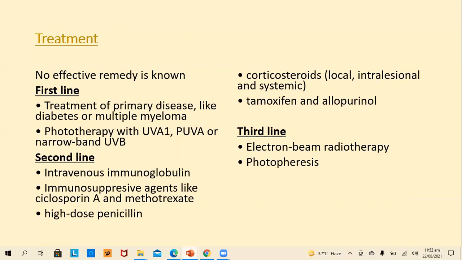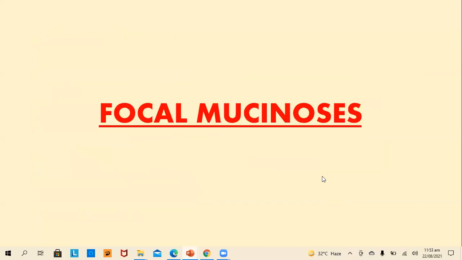Second-line treatment includes intravenous immunoglobulins, immunosuppressive agents like cyclosporin A and methotrexate, high-dose penicillin, corticosteroids both local and intralesional, and tamoxifen and allopurinol. Third-line treatment includes electron beam therapy and photopheresis.